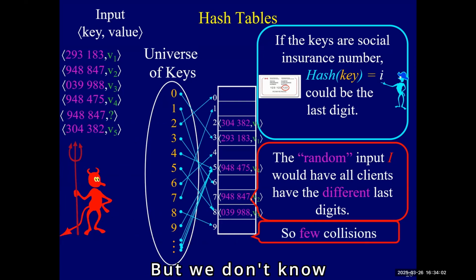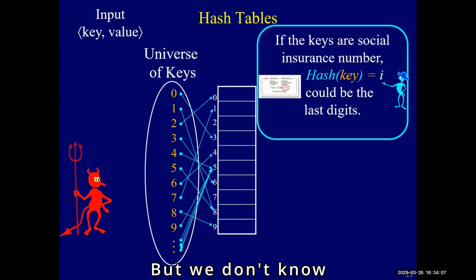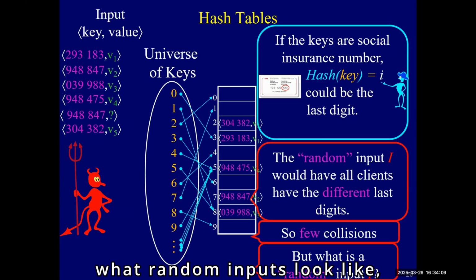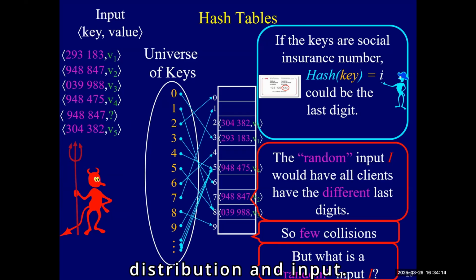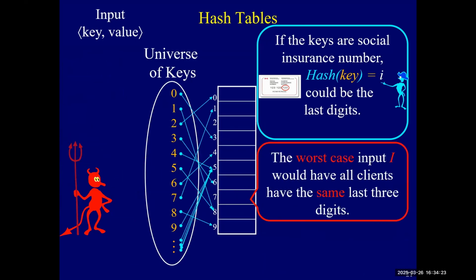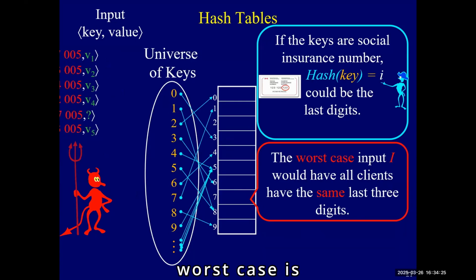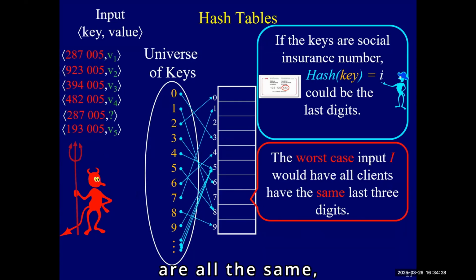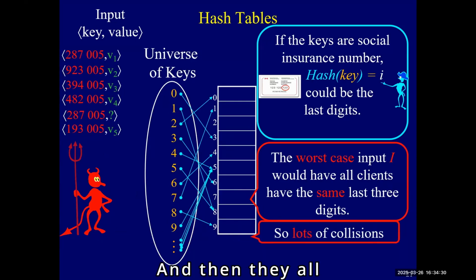But we don't know what random inputs look like. How can we say the input's random? We don't know the distribution on inputs. So we shy away from saying the input's random, because certainly the worst case is that the last digits are all the same, and then they all collide. Everybody kind of following this?